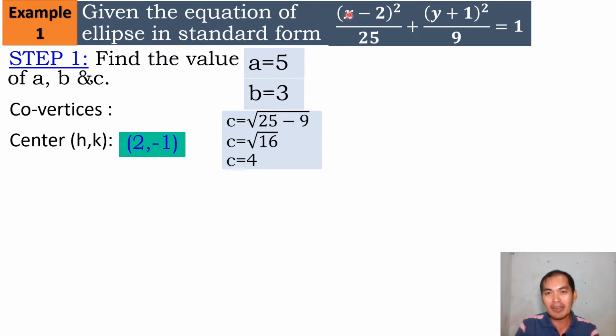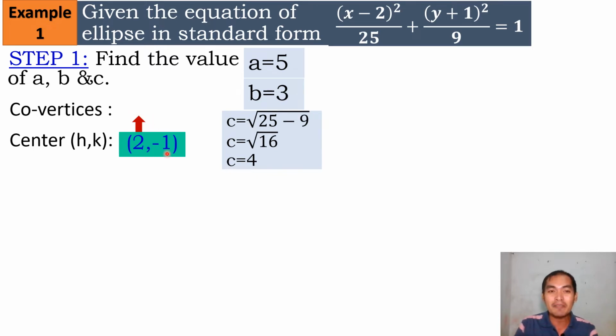So, ang variable na may malaking denominator ay x. Therefore, yung value ng x sa center, yun ang kukopyahin sa co-vertices. Kaya, kukopyahin sa co-vertices yung value ng center kung ano yung variable na nasa taas ng malaking denominator. So, malaki ang 25, ang nasa taas ay x. Therefore, yung x ng center ay kukopyahin sa co-vertices.